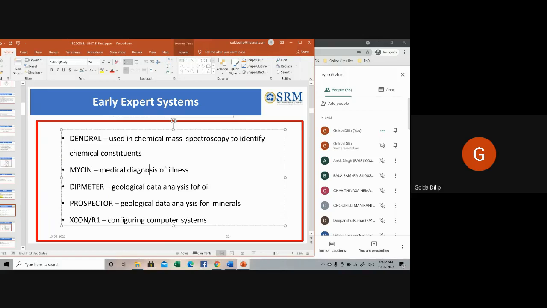Dendral was able to do that at high speed and with good accuracy. So it was a big relief for chemists. It is basically a chemical analysis expert system.